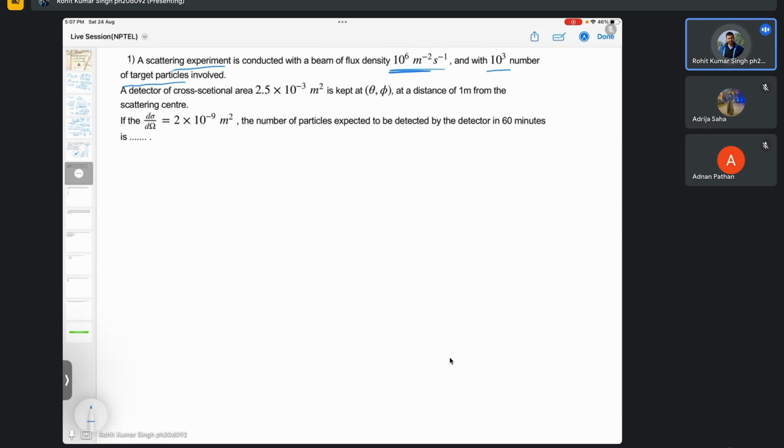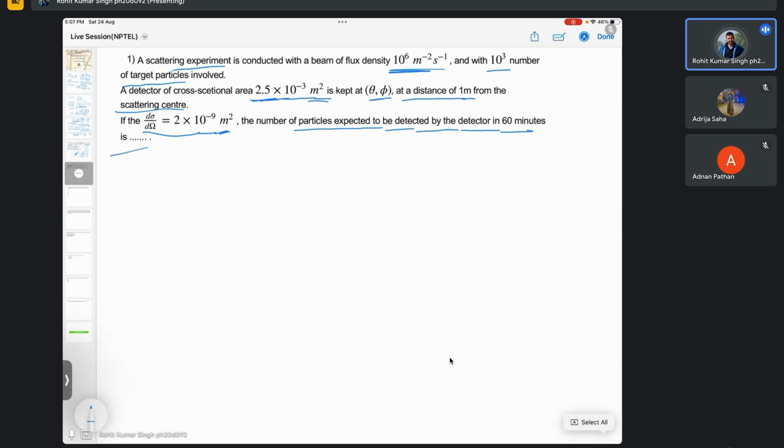A detector of cross sectional area is kept at some angle theta, phi, at a distance of 1 meter from the scattering center. If the differential cross section is this, then the number of particles expected to be detected by the detector in 60 minutes is... The problem looks complicated, but let's break it down.